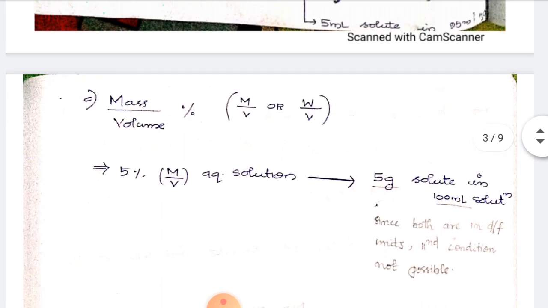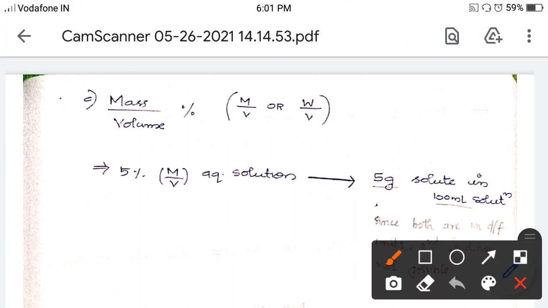Now the third is mass by volume percentage, M by V or W by V. A 5% M by V aqueous solution means 5 gram in 100 ml solution.